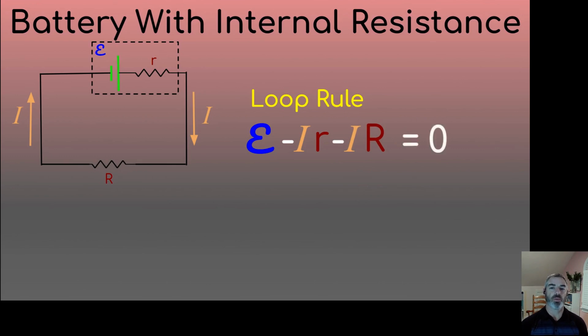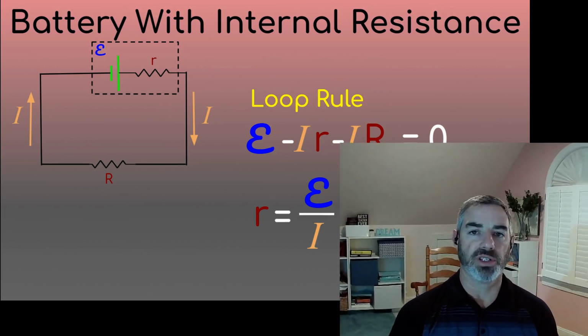So now we're going to rearrange and solve that equation for the internal resistance of our battery, and we can use our algebra to solve for R, which is going to be the EMF of the battery divided by the current minus the equivalent resistance of the entire circuit, and that would help us find the resistance of a battery that has internal resistance. So this is an introduction to DC circuits.